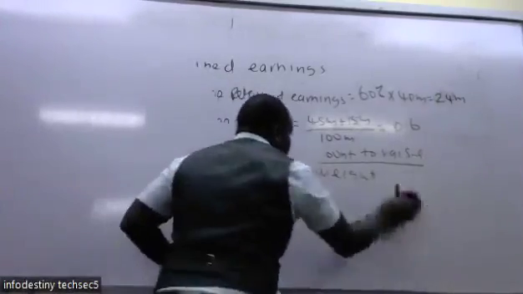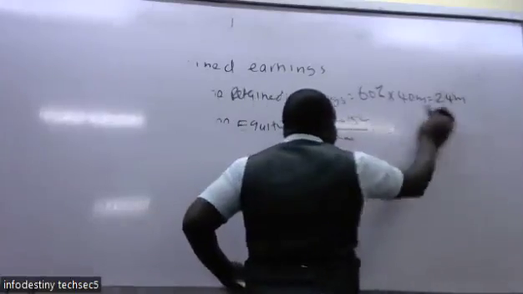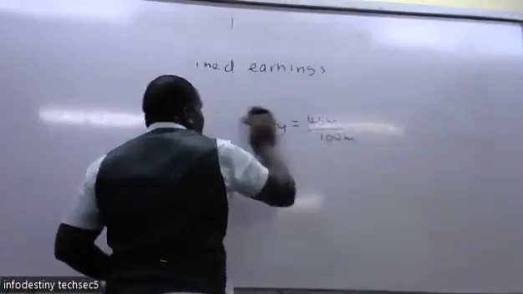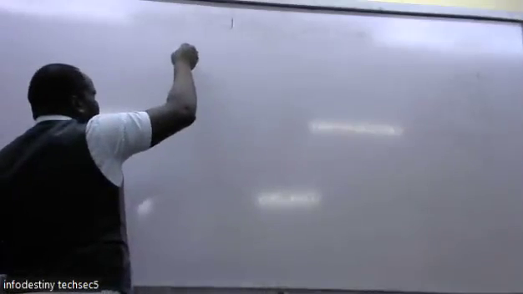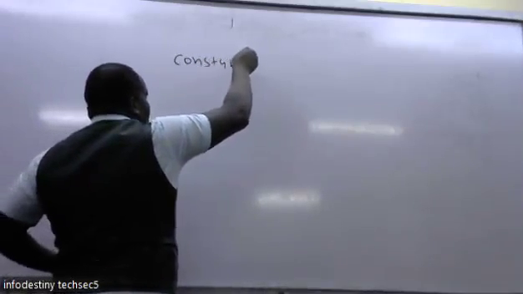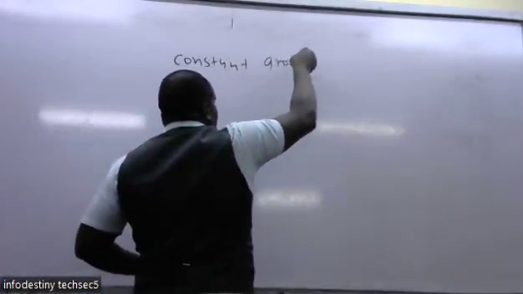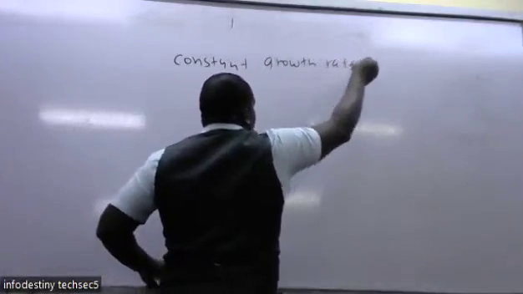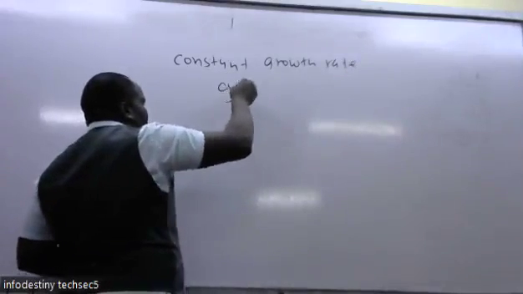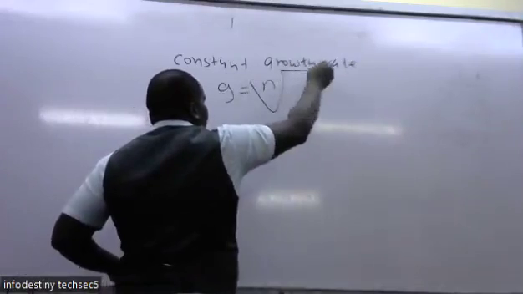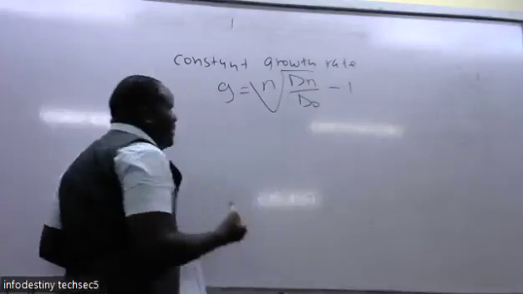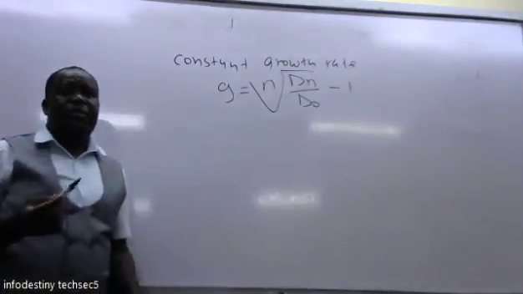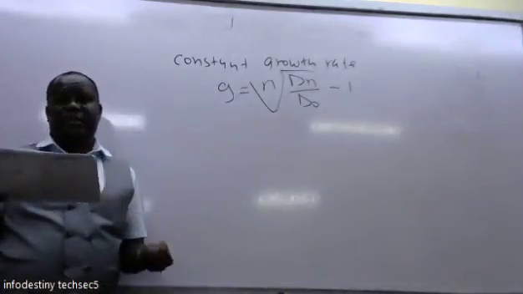To compute the constant growth rate, G is given by (Dn divided by D0) to the power of 1/n, minus 1. We use the compounding formula to get the constant growth rate.